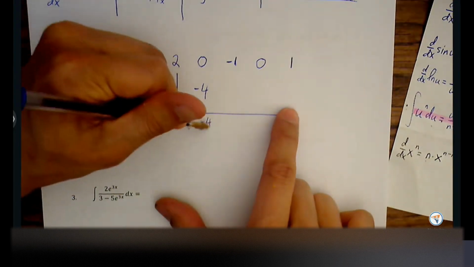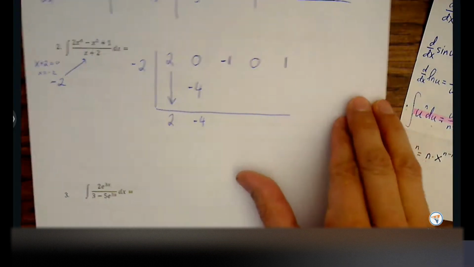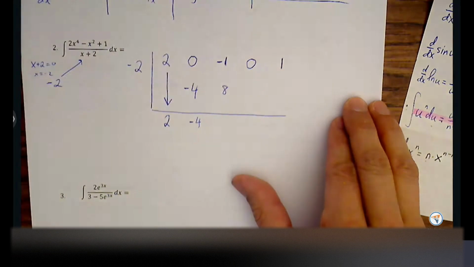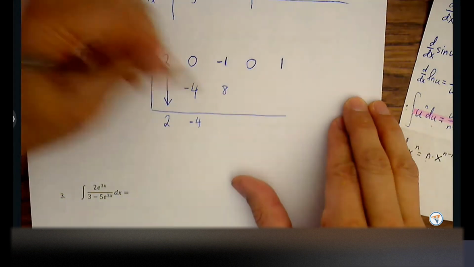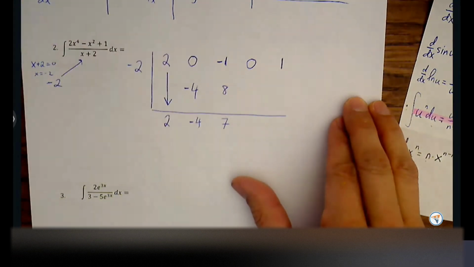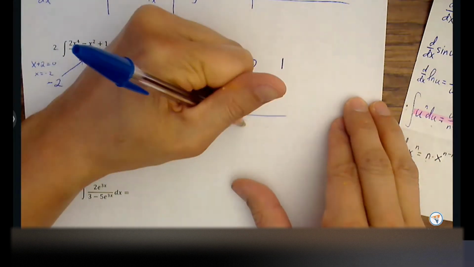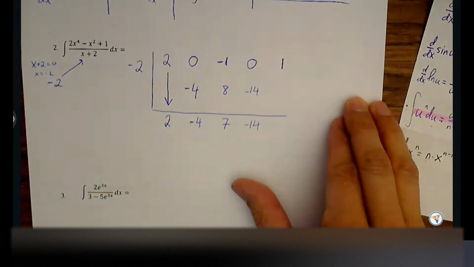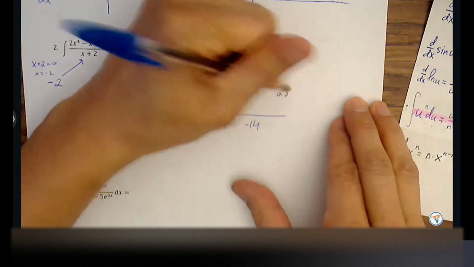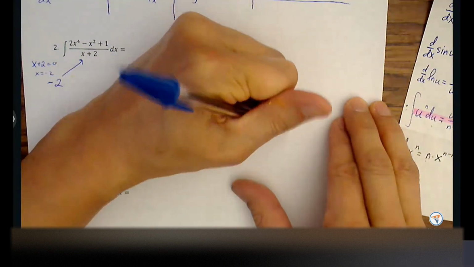Yep. All right, keep going. And then equals +8. That'd be 7. And then -14. And then 28. And is that plus? Yeah, 29.